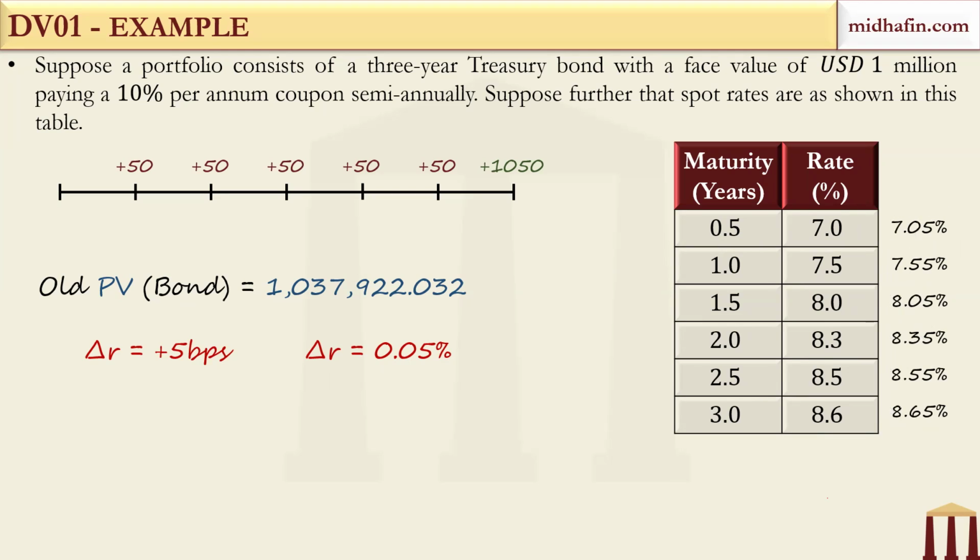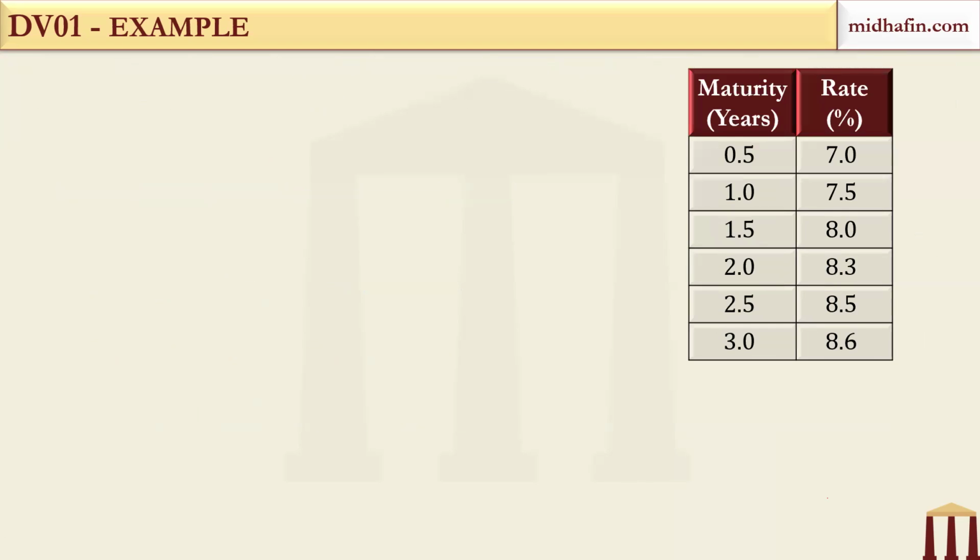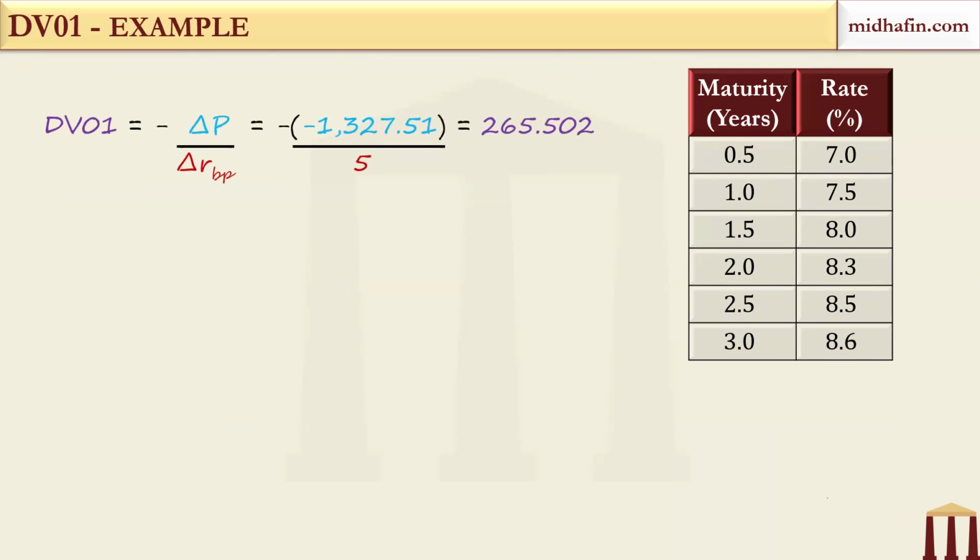I find that the value of the bond turns out to be $1,036,594.522. Then I calculate delta P. Delta P will be the new price minus the old price, which is minus 1,327.51, which indicates that my price has in fact decreased by $1,327.51.